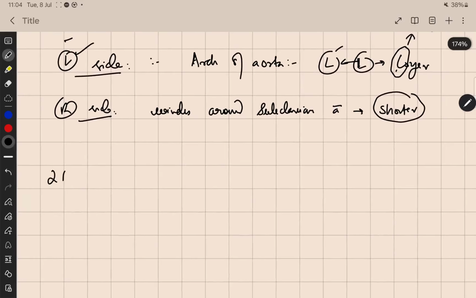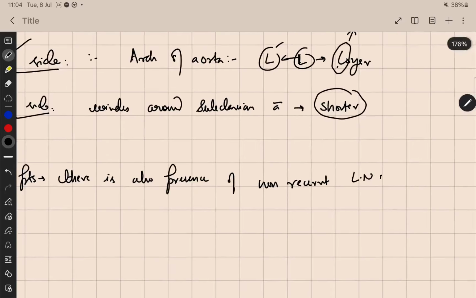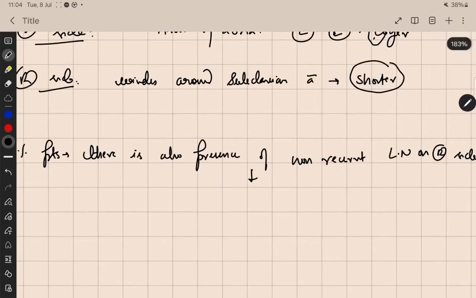But in 2% of patients, there is also presence of non-recurrent laryngeal nerve on right side, because it is associated with aberrant right subclavian artery.